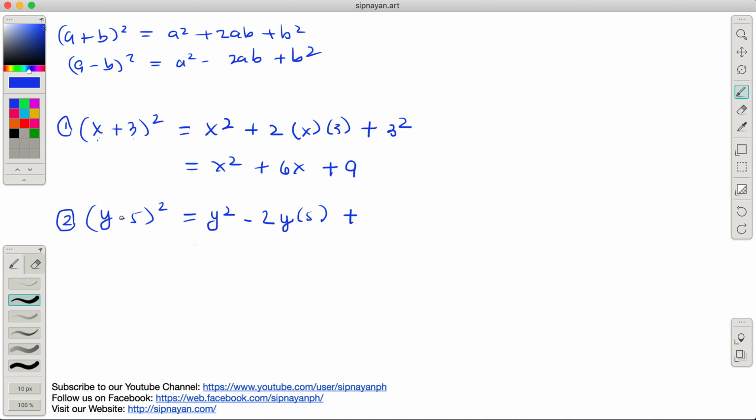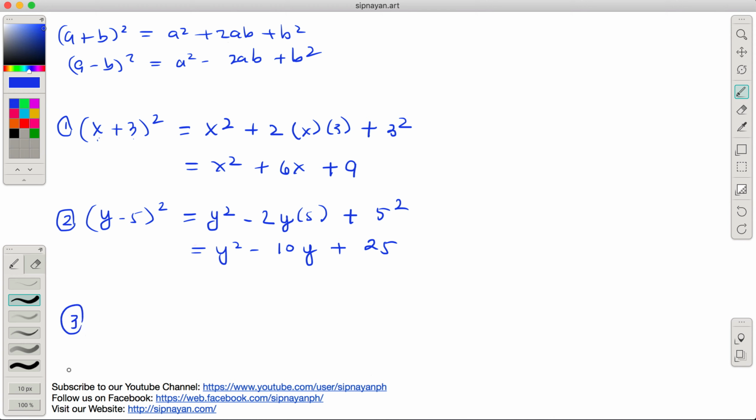So mag-multiply din tayo ng 2 sa y and sa 5 dito, sa second term natin. And then we have 5 squared. So this is equal to y squared minus 10y plus, 2 times 5 is 10 times y is 10y. What is 5 squared? 25.